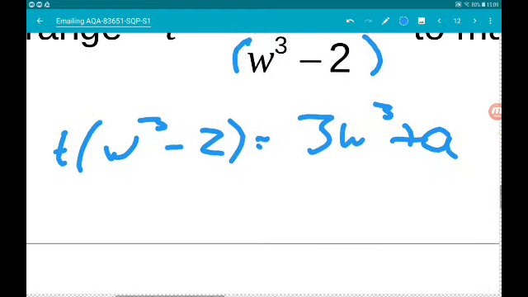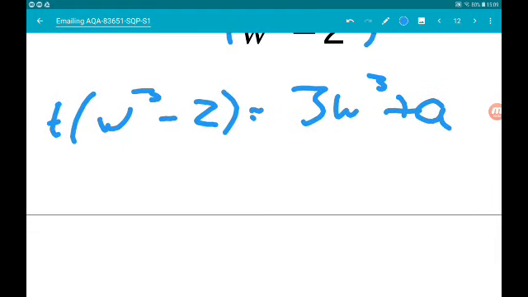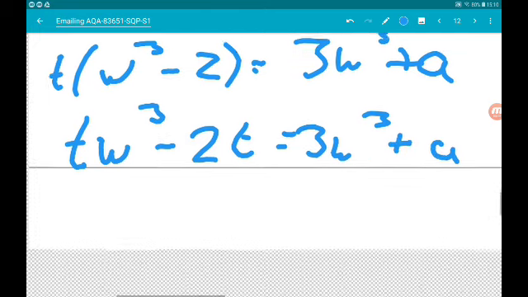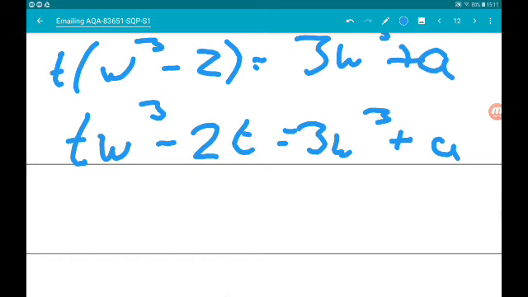Next step is to expand the brackets. So we get t w cubed minus 2t is equal to 3w cubed add a. Next, we want all the w's on the same side, so I'm going to subtract 3w cubed from both sides.